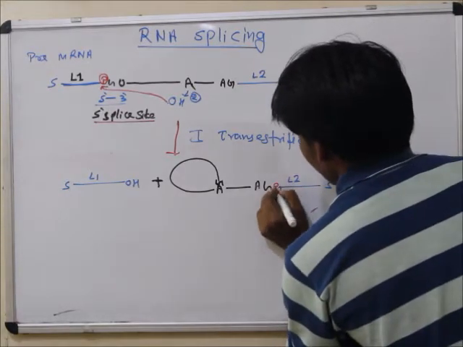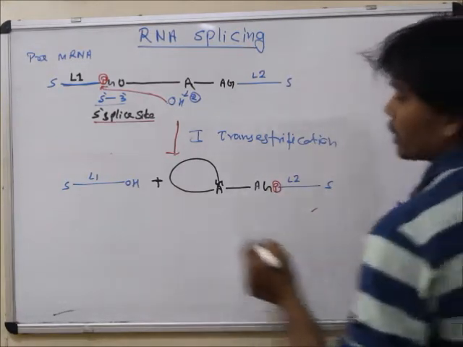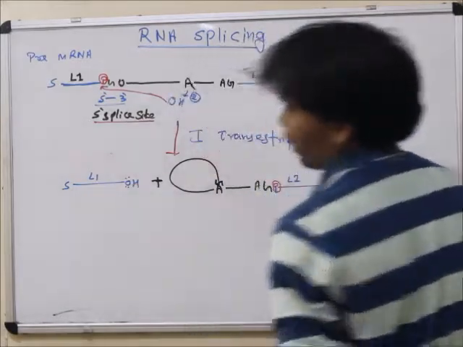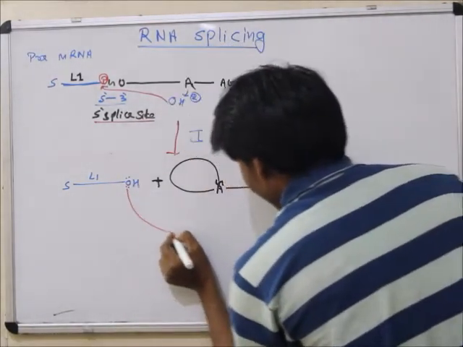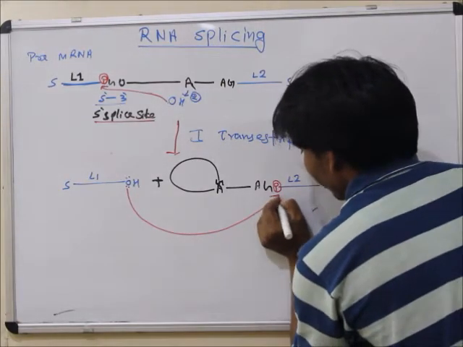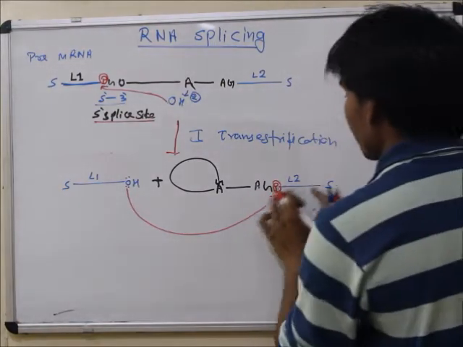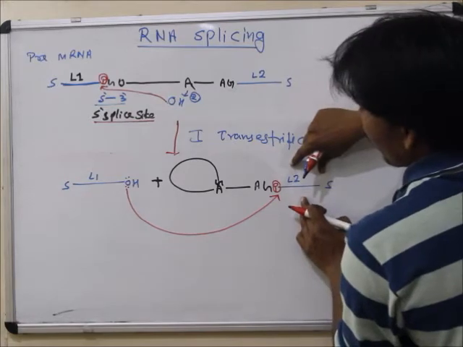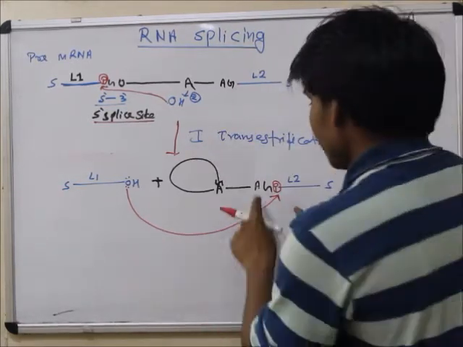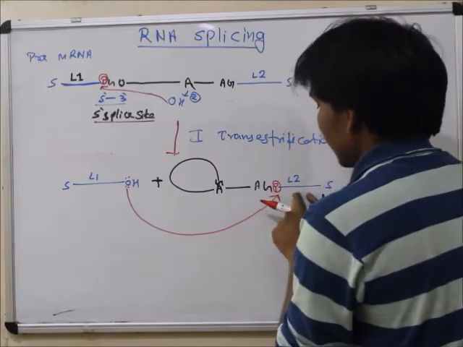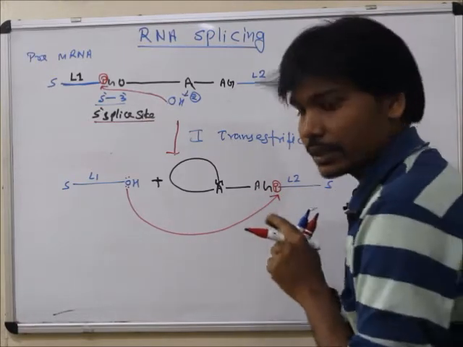There is also phosphate, and the free hydroxyl group of the L1 reacts at once with the phosphate of the exon 2 and intron junctions. This is the AZ and L2 introns and exon junctions.